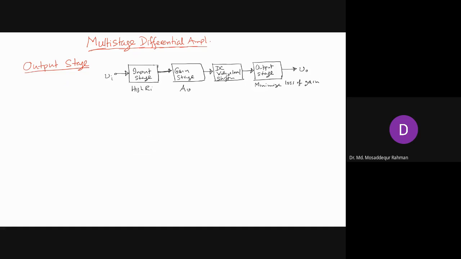When you connect a load resistance, as you've seen in the last lecture, if that load resistance is low, then your gain will be low. So by inserting this output stage, you can minimize that loss of gain and, when necessary, provide high load current.